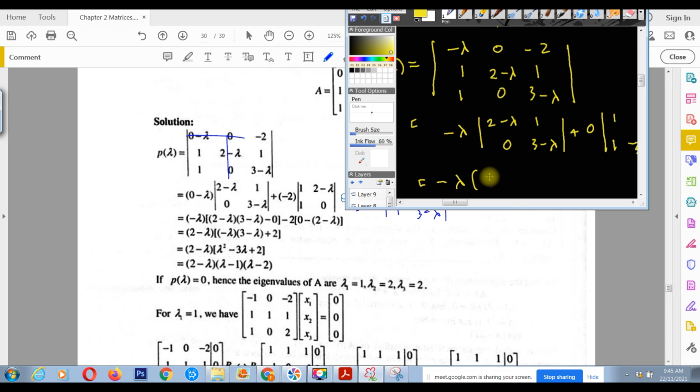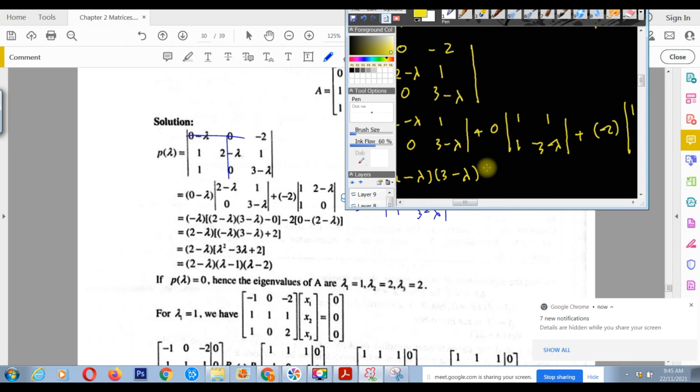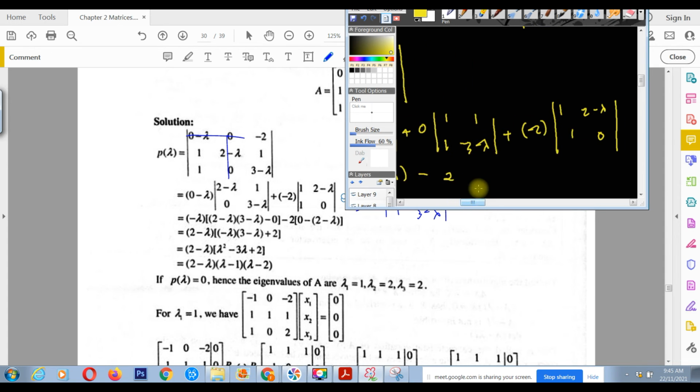And then 2 minus lambda, 3 minus lambda, 1 times 0 times 1, so 0, so minus 2, and then bracket 0 minus this, so minus 2 minus lambda.